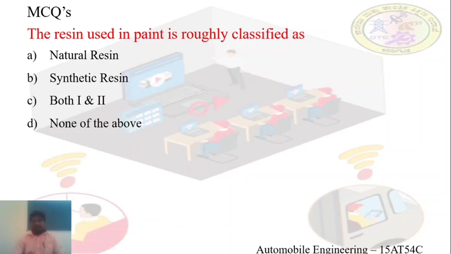In the last slide, you learned about the classification of resins. The resins are majorly classified into two types: the first one is natural resin, the second one is synthetic resin. So the answer is option C, both 1 and 2.